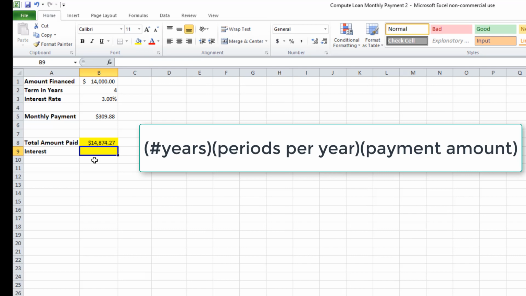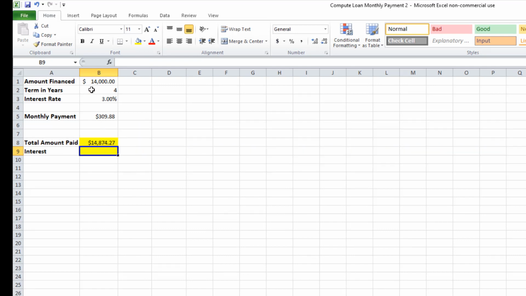Hit enter. So there it is. The total amount paid, of course, is the $14,000 plus the interest, and that is $14,874.27.